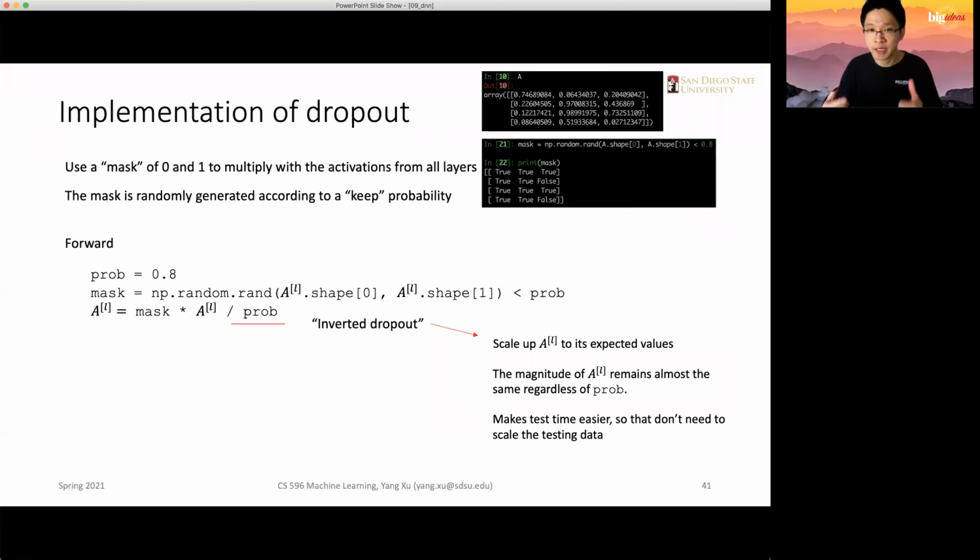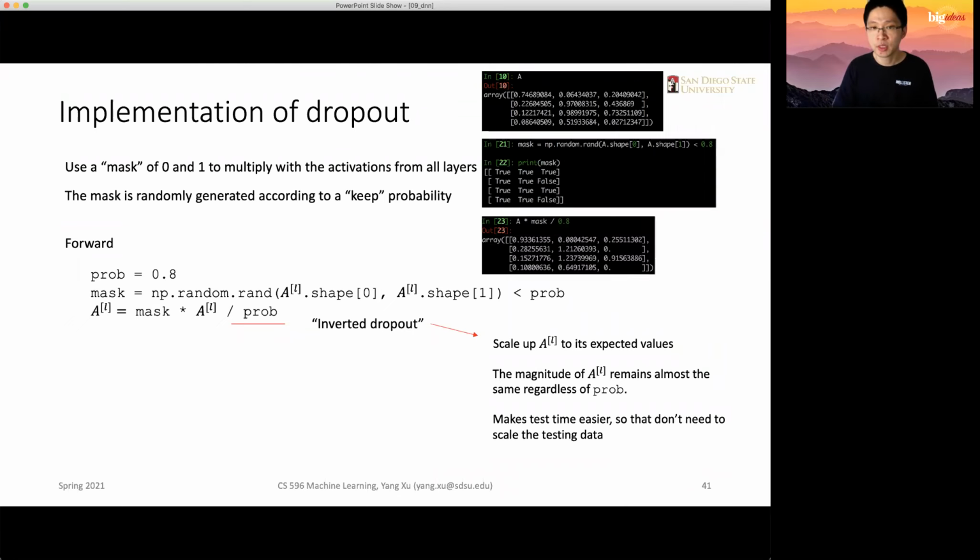In NumPy, true is considered as 1 and false is treated as 0. So if we multiply A and the mask together, we can see that those elements that have false will be eliminated, because these elements are multiplied by false, and false is treated as 0.